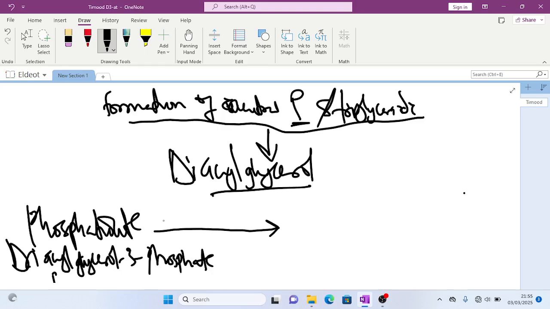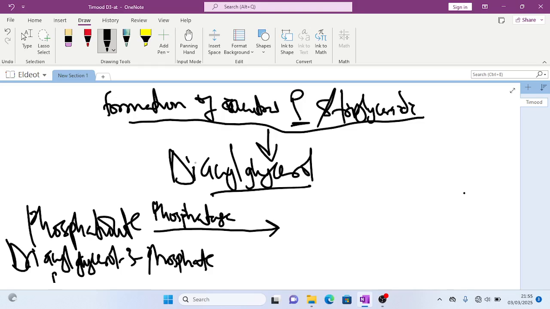Okay, so the enzyme that catalyzes the dephosphorylation of phosphatidate is phosphatase. And we use water. It's a kind of hydrolysis reaction.